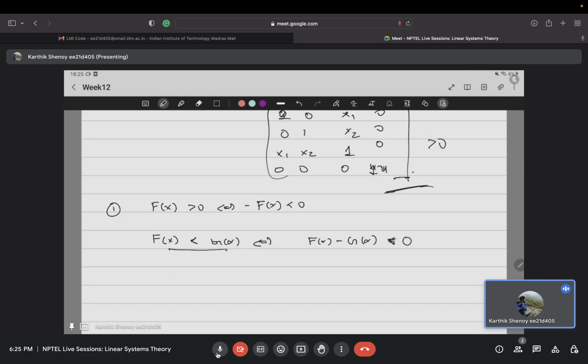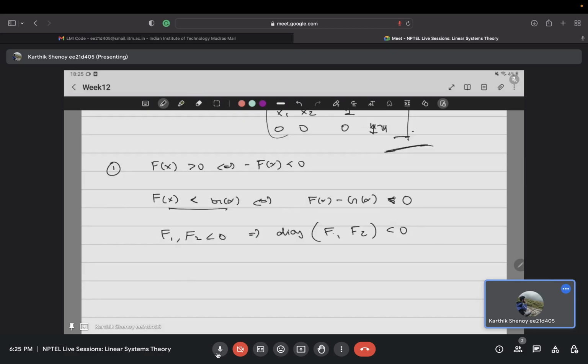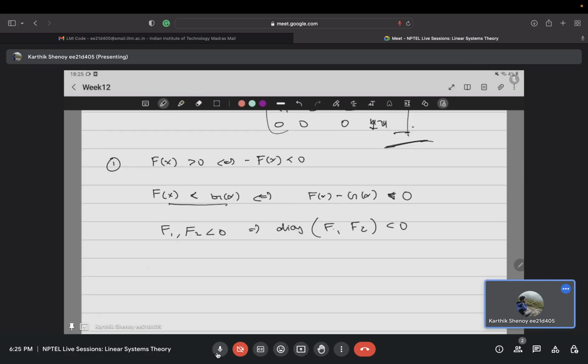Okay, and similarly if f1 and f2 are negative definite, then you can write it as a block diagonal constraint. Okay, and finally if A, B, C, D is feasible, then D, C, B, A is also feasible.